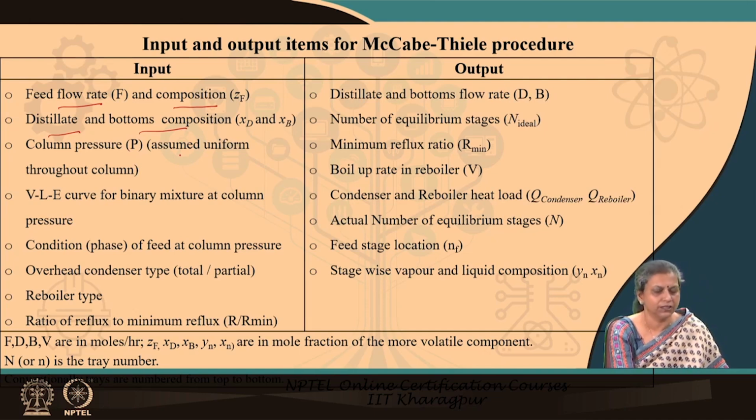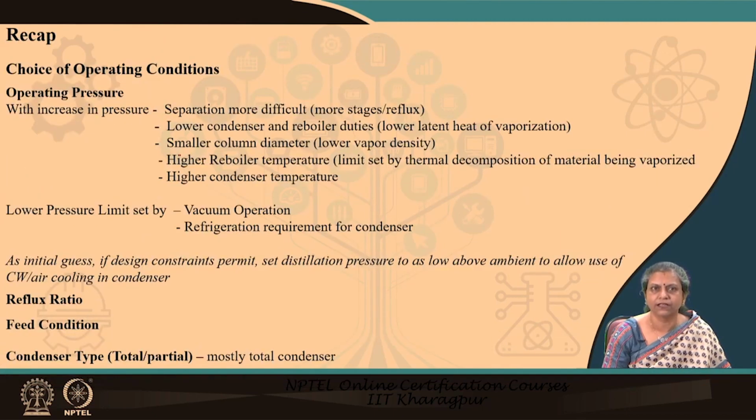In order to find out the equilibrium data, you need to have information on the column pressure. Now, generally the column pressure is not specified. As a designer, you have to decide the column pressure. The basic considerations were already discussed in the last class, and it's quite evident, it was discussed both in the last and the last-to-last classes, that with increase in pressure, naturally separation becomes much more difficult, because the dew point curve and the bubble point curve come closer to each other.